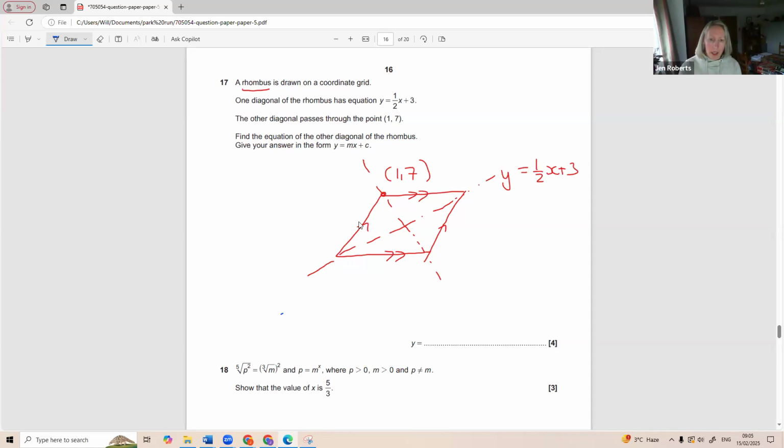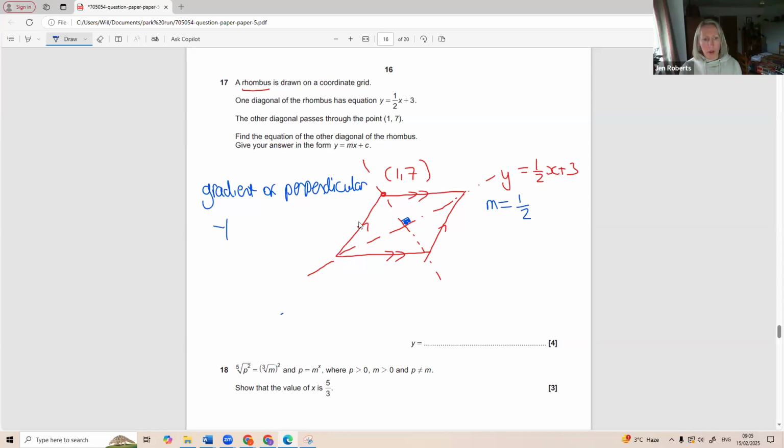So you need to know for this that the diagonals of a rhombus or parallelogram cross at 90 degrees. So my gradient of this diagonal here is a half. To get the gradient of the perpendicular, it's the negative reciprocal, isn't it? It's a negative reciprocal of the gradient of the other.